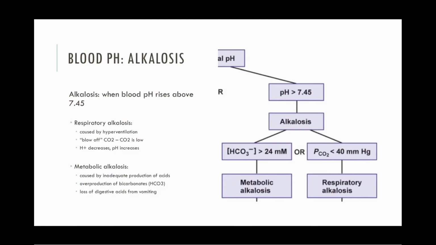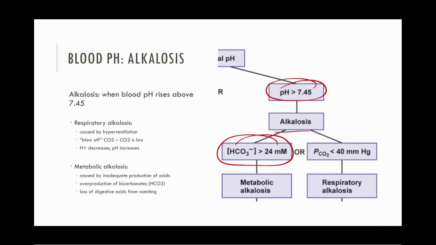Now we have the alkalosis side, the opposite side. And pretty much just the opposite is true. Look at the pH first. pH is greater than 7.45, we know we're in alkalotic blood. Then you look at CO2 and the bicarb again. If the bicarb is high, we have a lot of bicarb, makes us alkalotic.